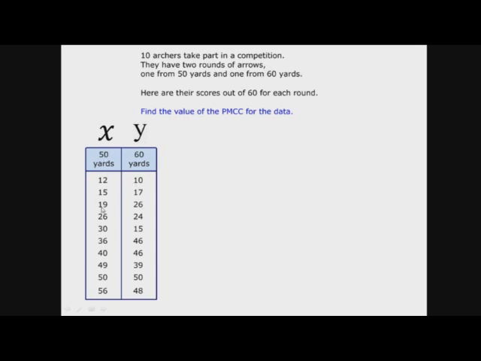So that means you have to square all the values here for X and all the values for Y. But first of all, I'm gonna add all the values of X all together to make sigma X. And same for Y as well, for all the values in the Y column. So the sum of all X values is 333, and the sum of all Y values is 321.